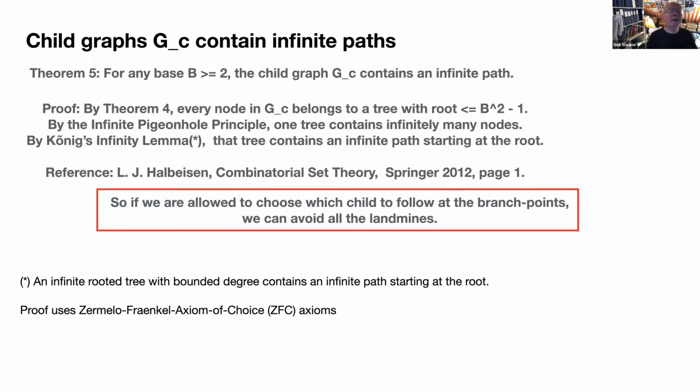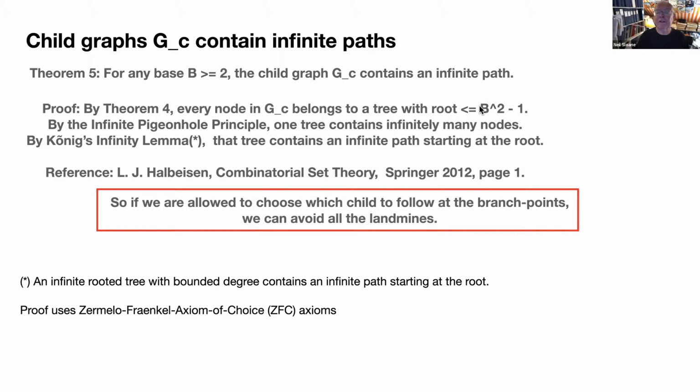And so now we can have one of our big theorems that says that in the child graph, in any base bigger than 2, there's an infinite path. The proof is, from what I just said, every number belongs to a tree whose root is less than or equal to 99, in general, less than or equal to b squared minus 1. So we have an infinite graph.